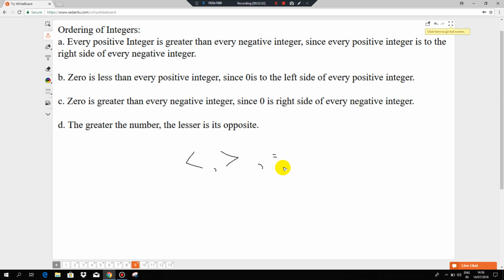If the greater one is 3, we have to put the sign for greater than. We keep this sign. And if it gives 1, 2, we keep this.